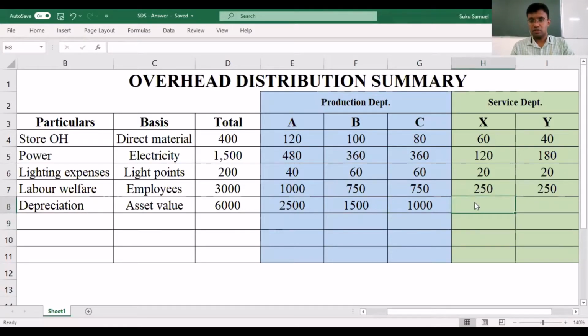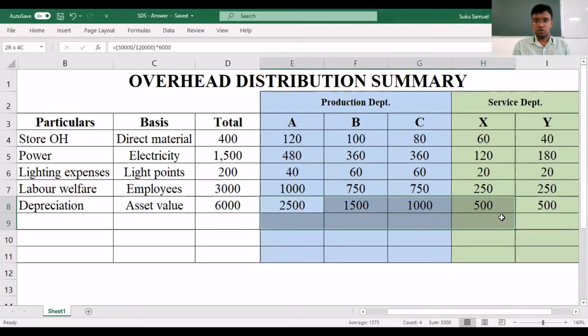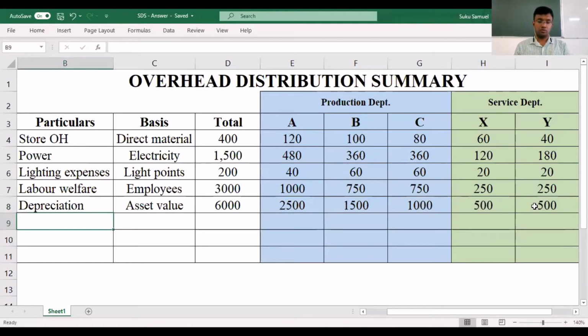And for the two service departments, we have 1,000 and 1,000. So 1,000 divided by 1,20,000 into 6,000 works out to be 500. Next one, again 500. Together, when you work all this out, it works out to be 6,000.